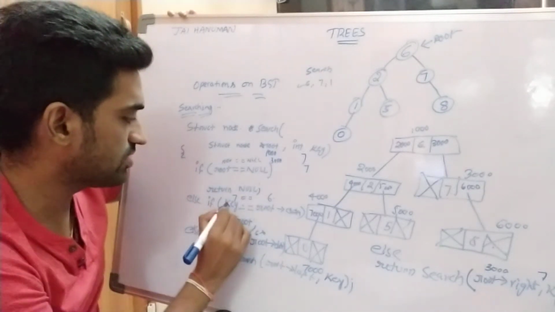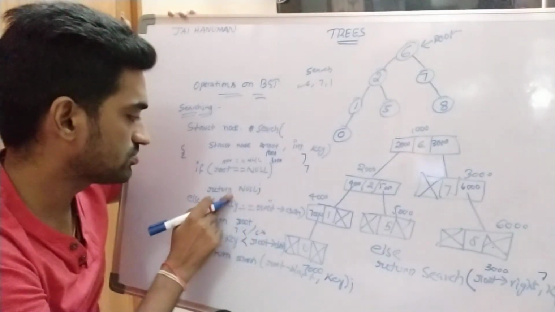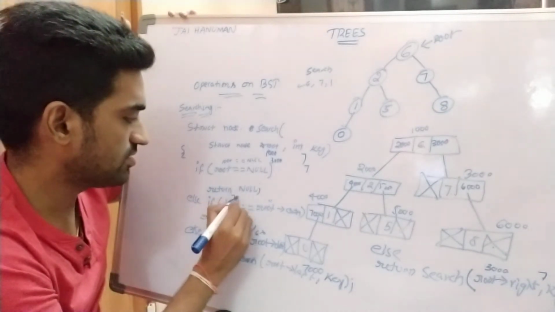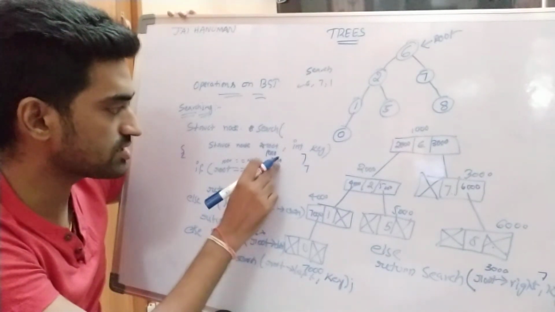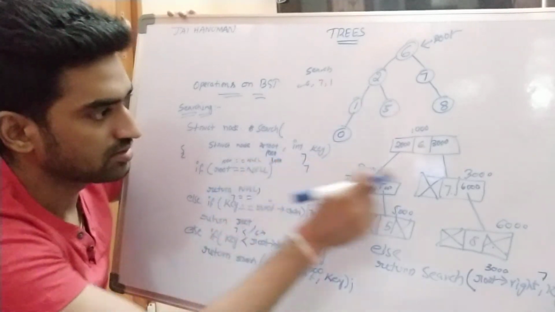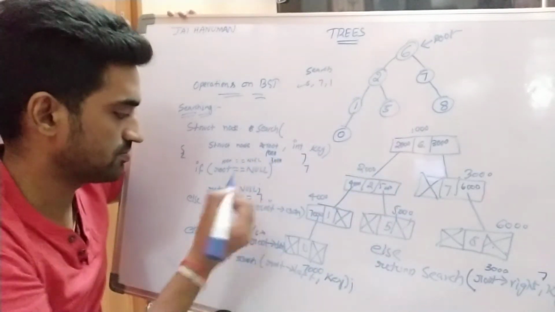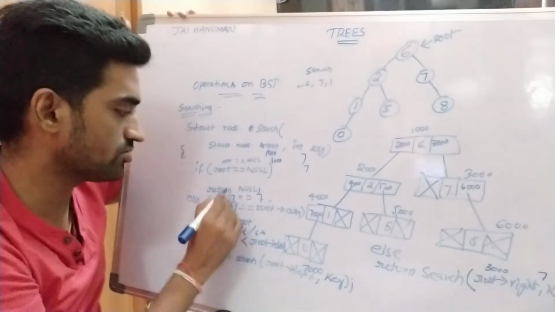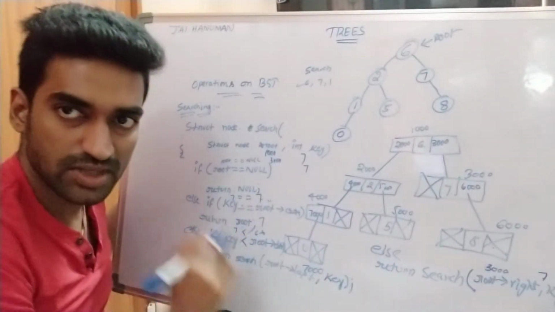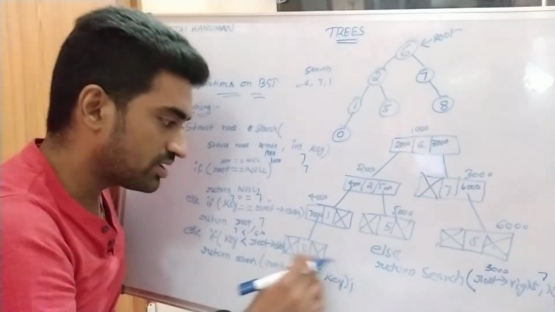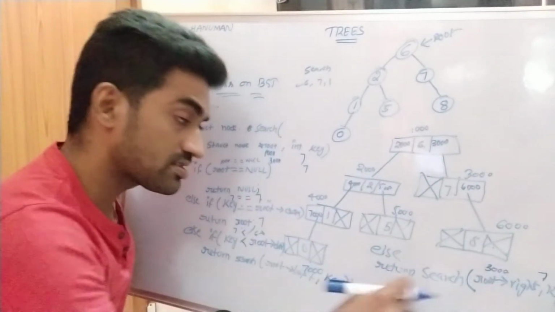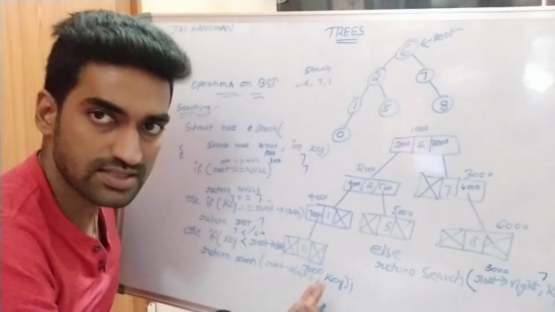This condition is a failure. What is the key value? 7, which is equivalent to root data. The root data at 3000 is 7. Return root. So what is the root? 7. So the desired element is found. Until we find the desired element, we call these functions recursively.